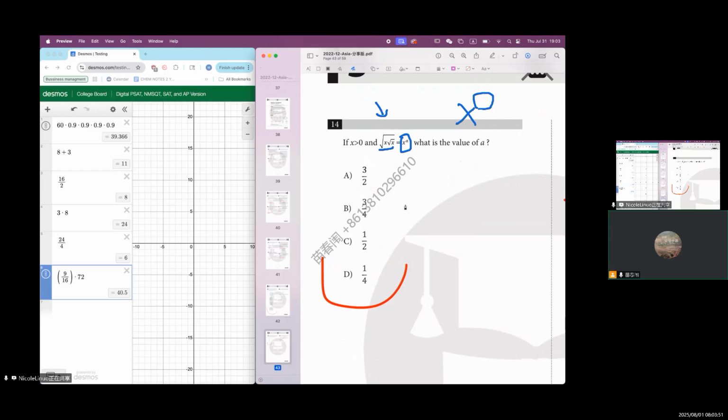Square root of x is x^(1/2), so I can use this and just do it little by little. So this one is x^(1/2), right?